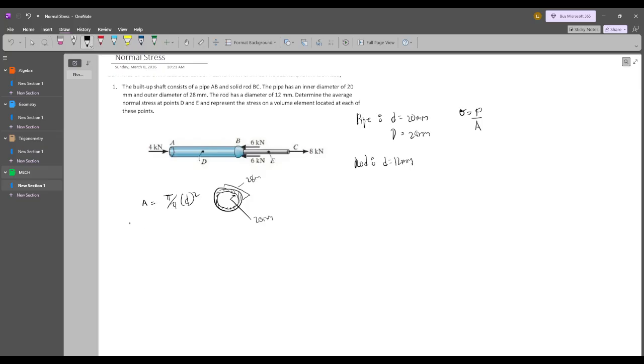Let's start with the pipe. Pi over 4 multiplied by the outside diameter squared, subtracted by the inside diameter squared.